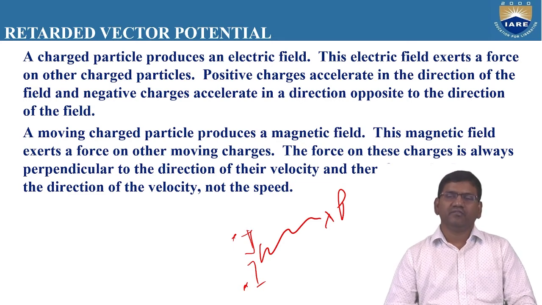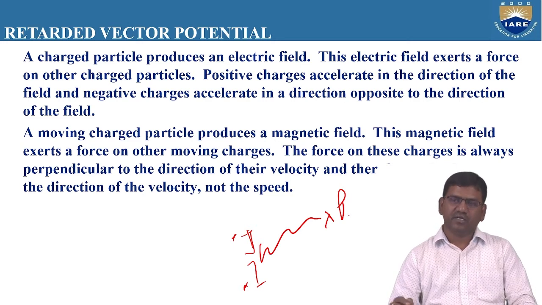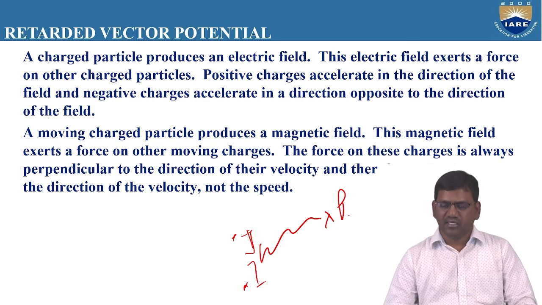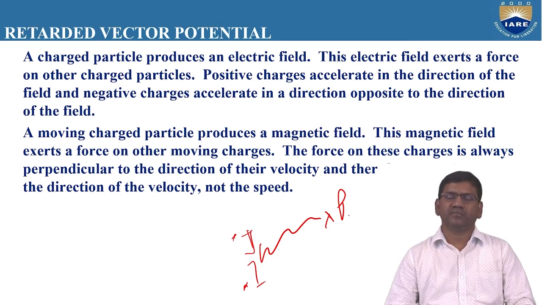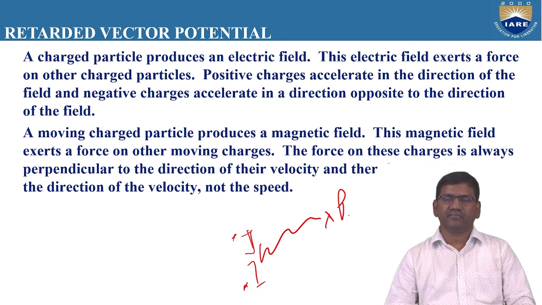If you want to calculate the electric field and the magnetic field at a distant point P, first we need to know the potential at the point P. That means we need to find out the potential for E and at the same time the potential for H, the electric field and the magnetic field.